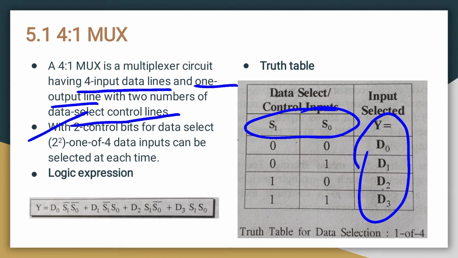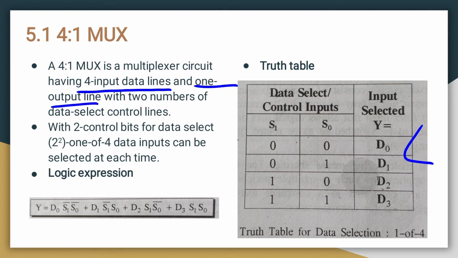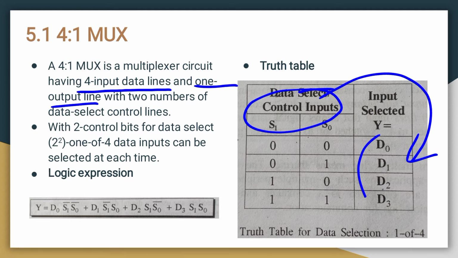Depending on the control inputs, you choose any one of the data lines. We will see how it works in the next slide. So the point is clear that 2 control bits select one of the 4 input lines at each time.